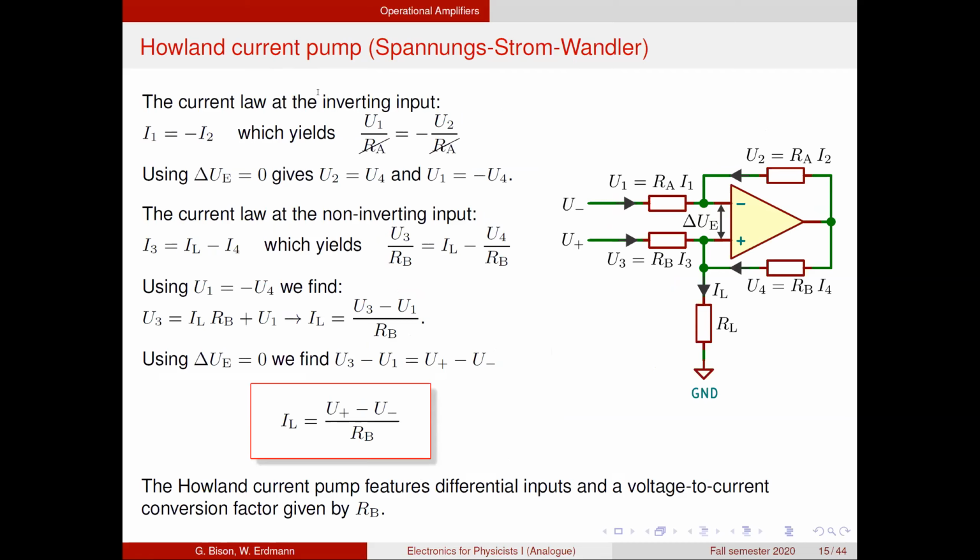For example, if you want to drive a coil, then the physically relevant thing inside the coil is the current. This generates a magnetic field. And for example, through temperature, the resistance of the coil could change. And so it's good to have an amplifier that actually keeps the current constant, independent of what voltage is needed to drive that current.